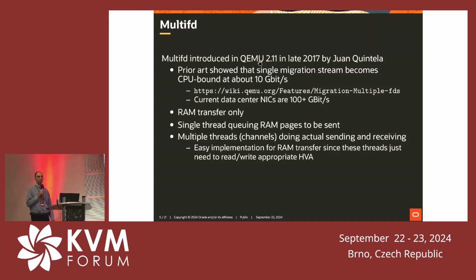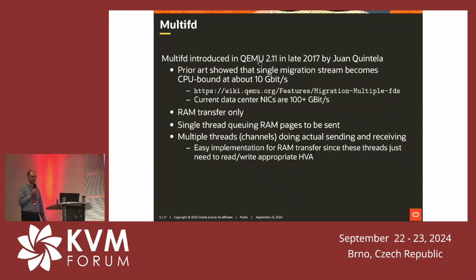And he said that the migration stream becomes CPU bound at about 10 gigabytes per second, which is slow for current data center NICs, which are at least 100 gigabytes per second, and there are like 250 right now. Also, multifd is only for RAM transfer.